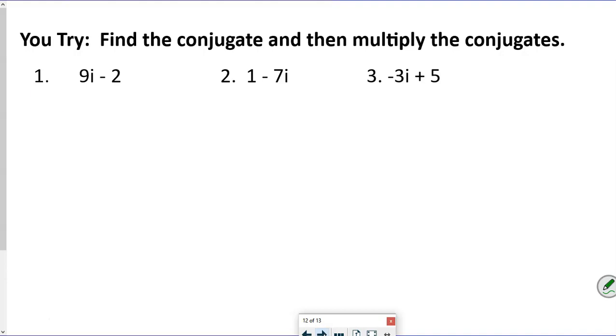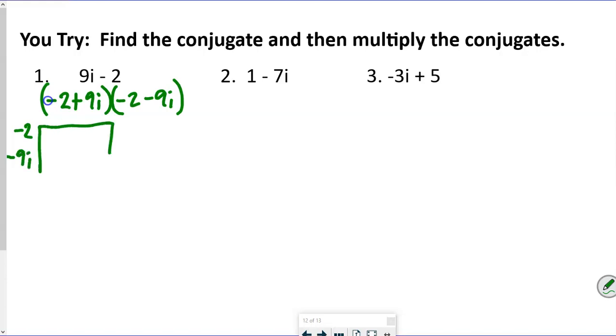All right, so on this one again, I'm going to write it in standard form first. Then I'm going to write its conjugate. Okay, so this is going to be negative 2 minus 9i. Once again, using our box method, I'm going to put the negative 2 over here and the minus 9i over here. And some of y'all don't need to use the box method because you're seeing what's happening here. Negative 2 times negative 2 is positive 4.